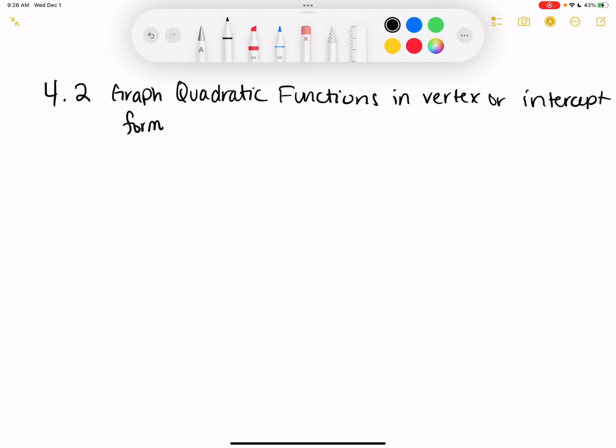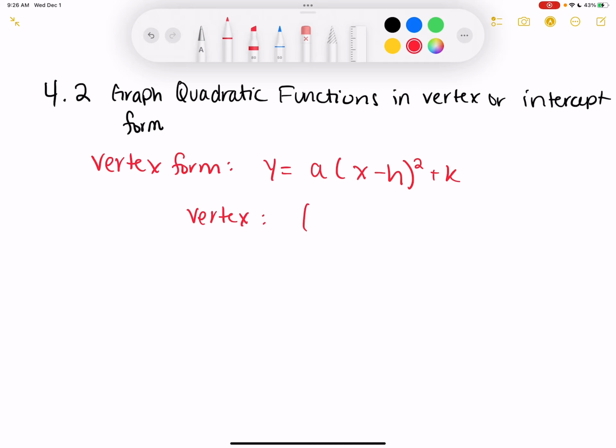So just a reminder from the notes. Vertex form is y equals a times (x minus h) squared plus k, with the vertex being at (h, k).